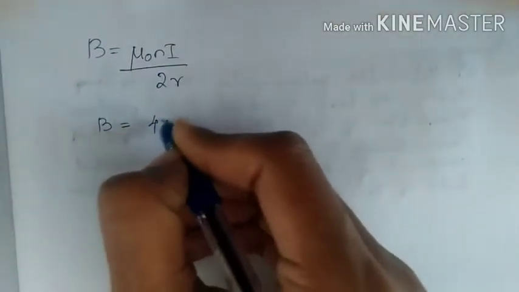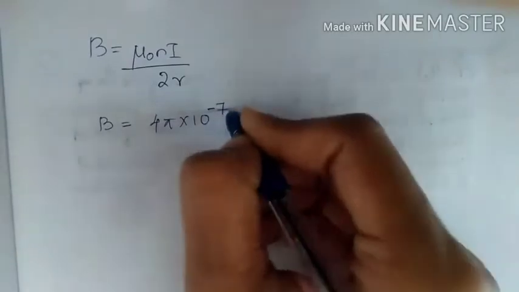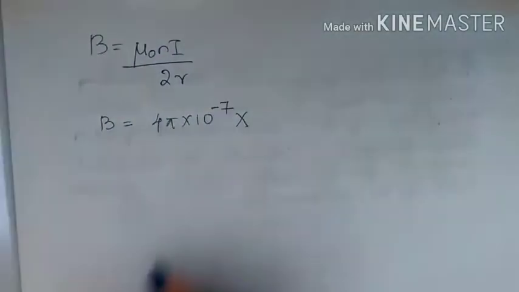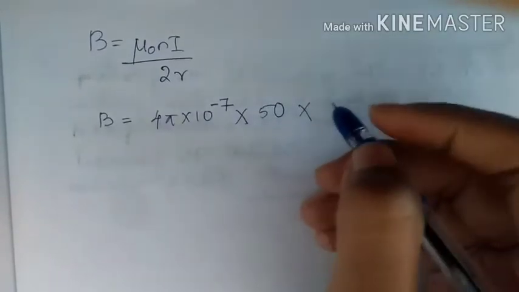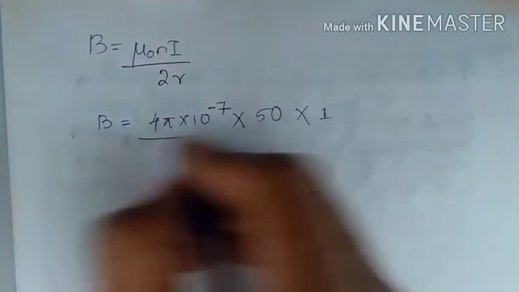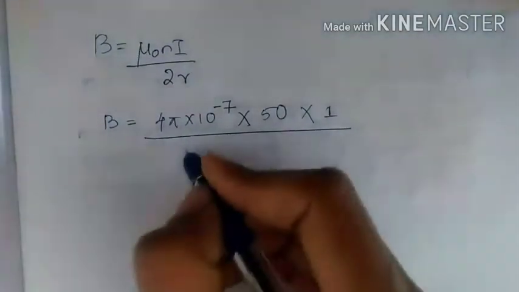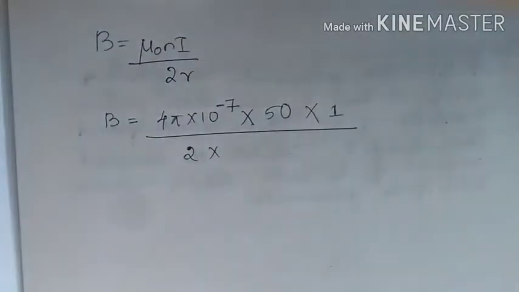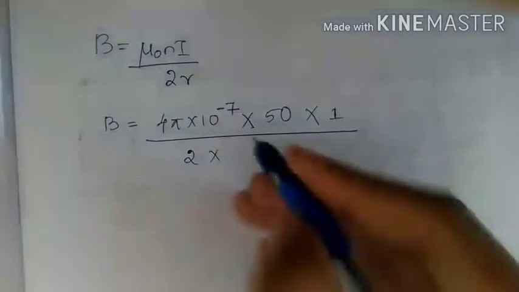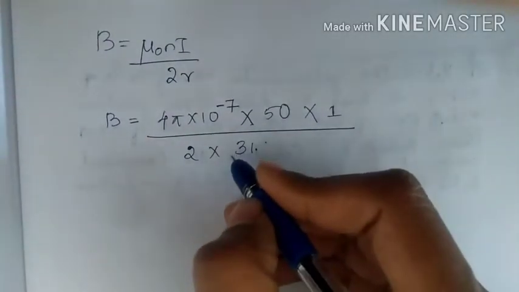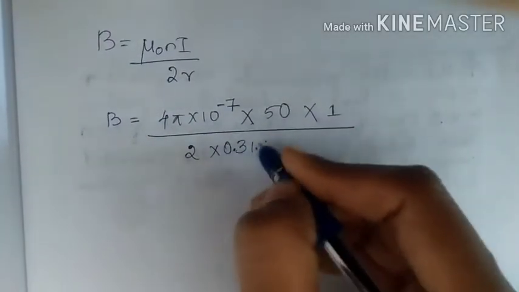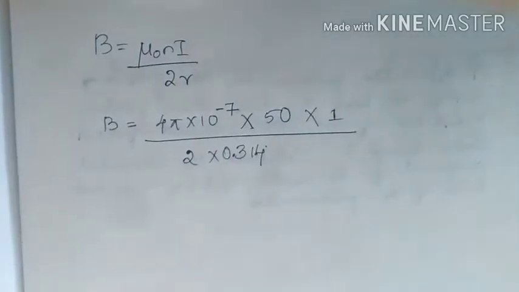Mu naught is 4 pi into 10 power minus 7, into N, the number of turns, which is 50, and the current through the coil is 1 amp. The whole is divided by 2 into the radius of the coil, which is 31.4 centimeter. You can write it in terms of meter, 0.314 meters.